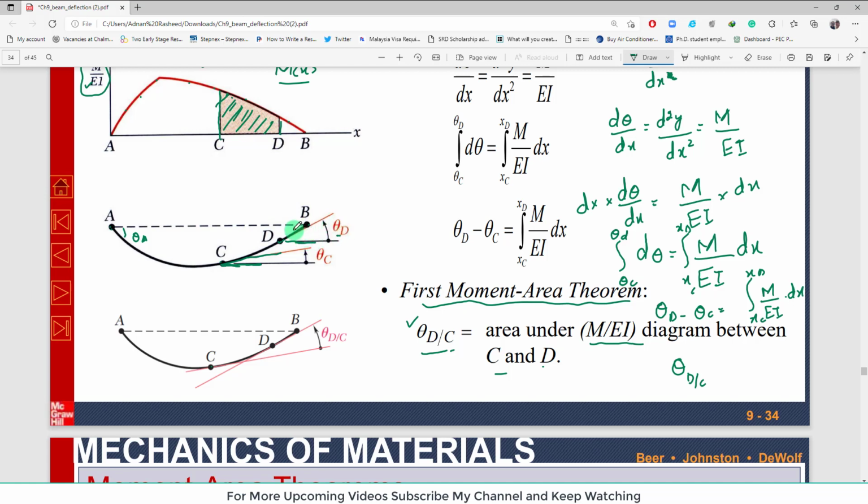Now what about theta dc? Again you can see this is a tangent line to point C, and this is a tangent line to point D. So the angle between them is actually theta dc, the slope of point D with respect to point C, and that is equal to the area under the M over EI diagram between point C and D. So this is the first moment area.